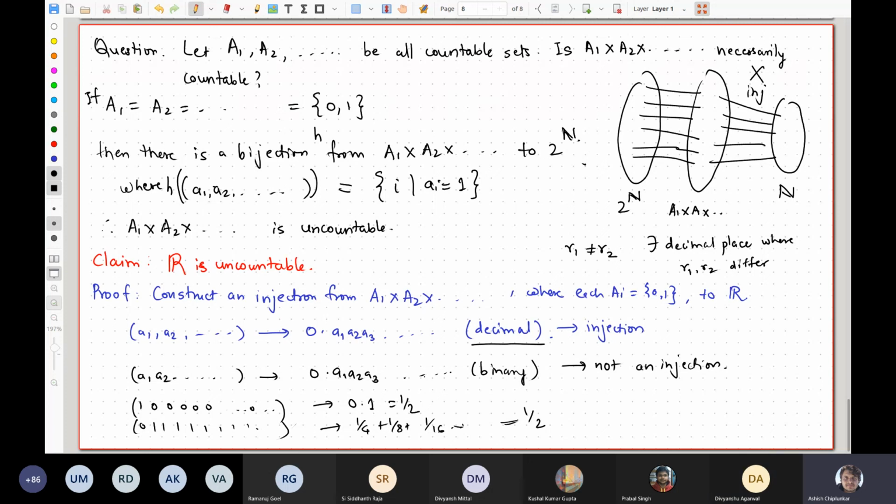But those are the only numbers which have this weird behavior. So the numbers in the image of this function are not going to have that weird behavior. Okay, then similarly we could have done it for binary also.